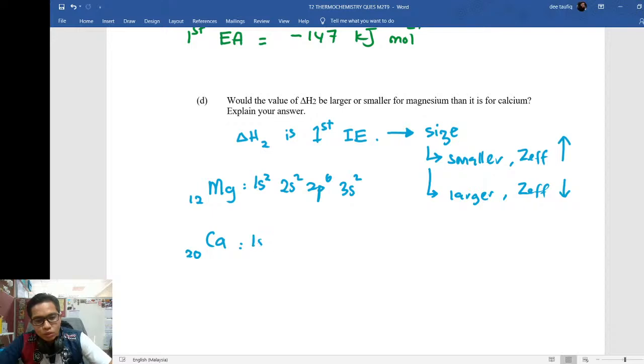The bottom one is 1s2, 2s2, 2p6, 3s2, 3p6, 4s2. What we want to highlight here is that the last one is in the third period for magnesium, while for calcium the last one is in the fourth period.